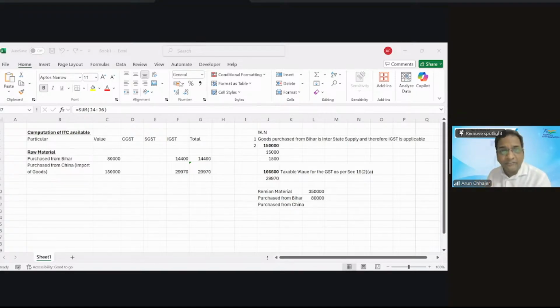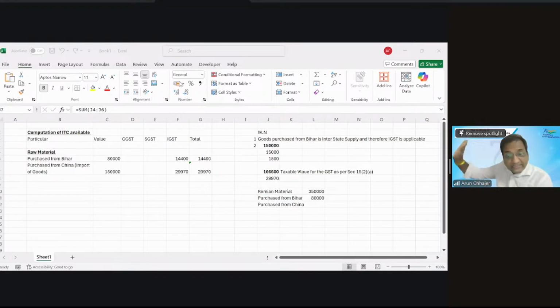Tell me one thing, whether this 350 includes custom duty? What is the meaning of this line? The answer is no, it is not included.